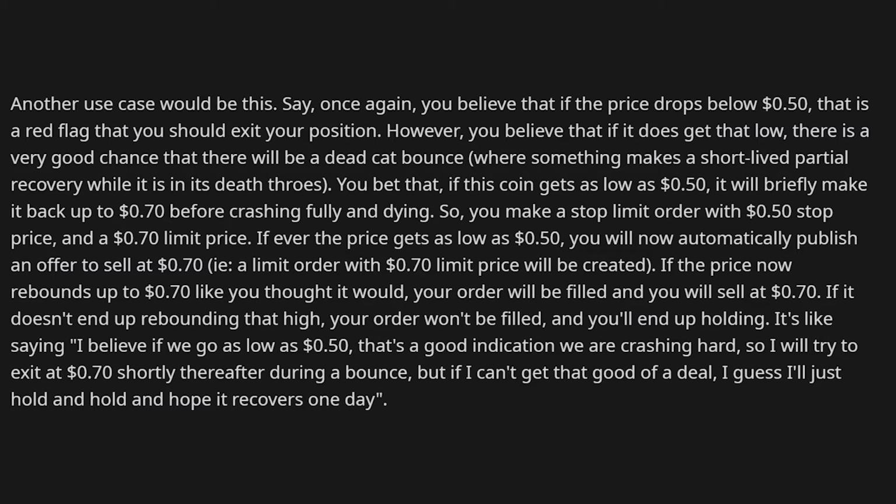So, you make a stop limit order with $0.50 stop price and a $0.70 limit price. If ever the price gets as low as $0.50, you will now automatically publish an offer to sell at $0.70, i.e., a limit order with $0.70 limit price will be created.